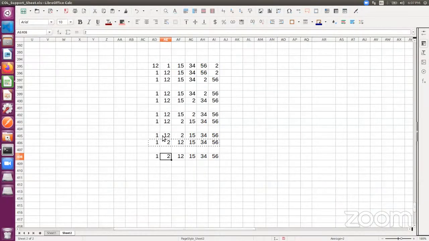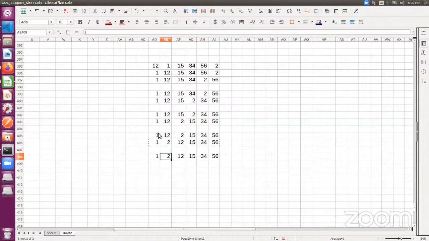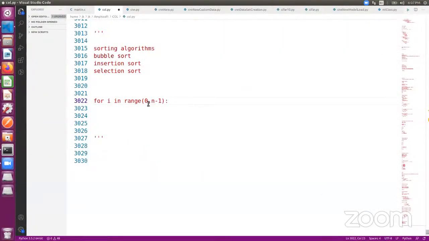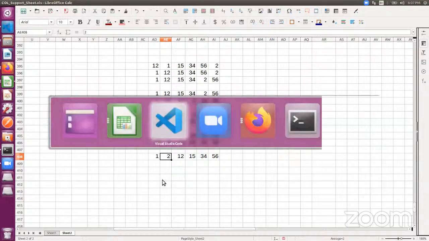So 0 comma n minus 1, that would be the number of times this loop will run. Understood, right? Why am I writing n minus 1? I'm reducing one iteration because in the last iteration there's going to be only one element which has to be checked. If there is only one element, it would be already sorted. No need to compare at all, right? So that's why it is n minus 1.